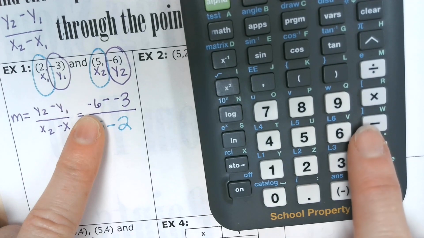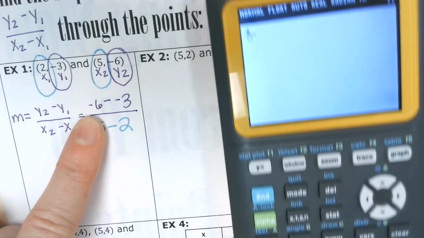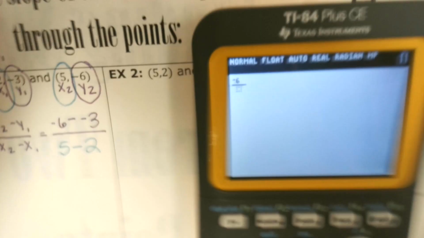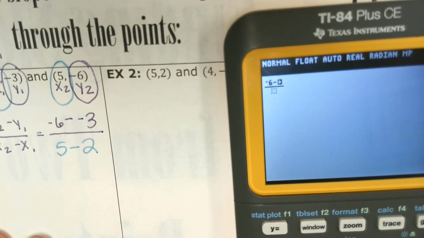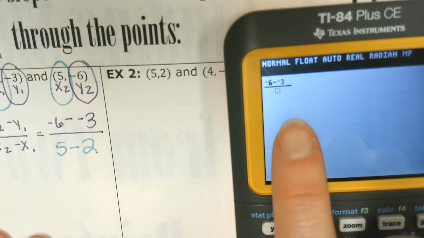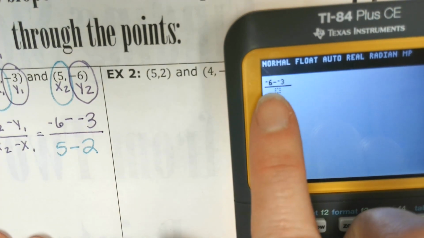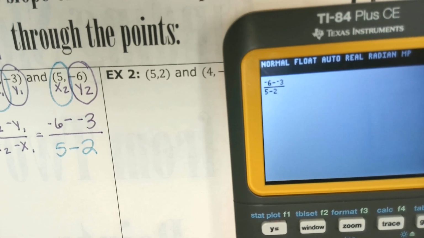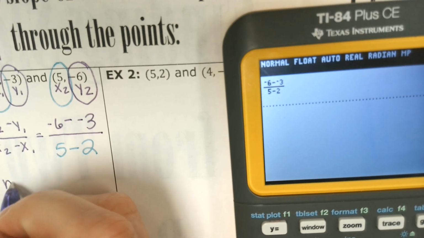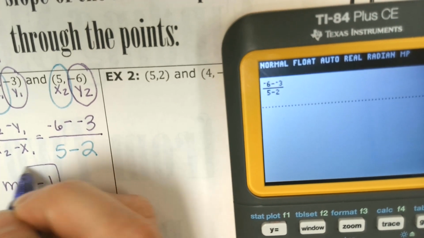This is a negative, this is a minus. Negative 6 minus a negative 3. Don't put minus and minus. You put a negative there. And then go down and do 5 minus 2. Push enter, and we get a final answer of m equals -1.